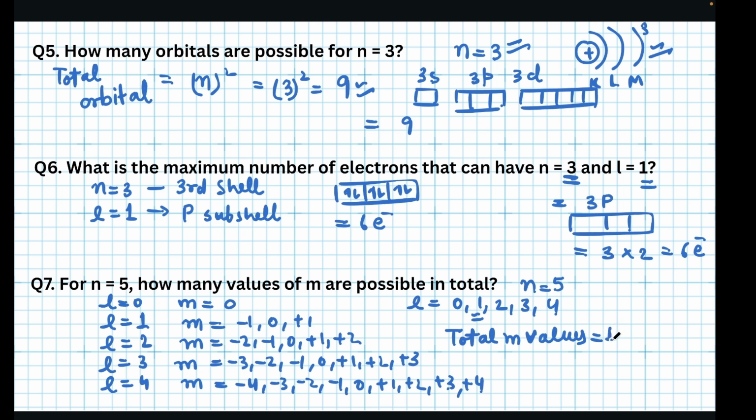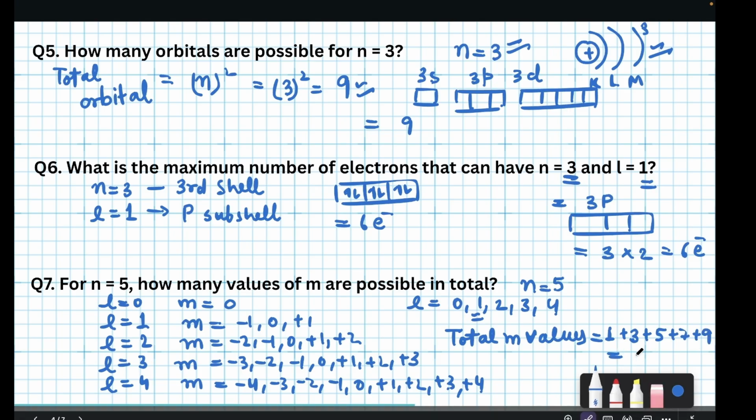For the second value of l, it is 3. For l is equal to 2, it is 5. For l is equal to 3, it is 7. And at last, for l is equal to 4, it is 9. So total number of orbitals will be 25.